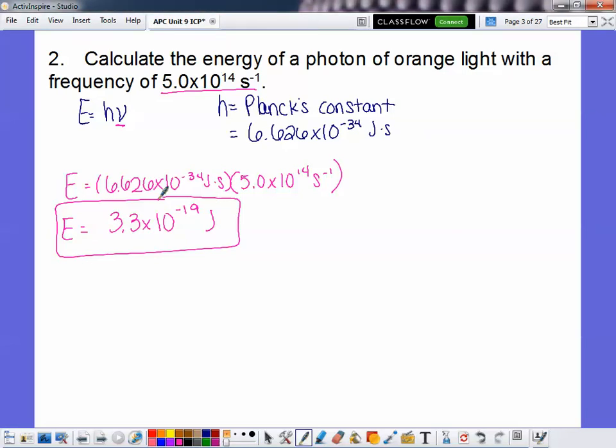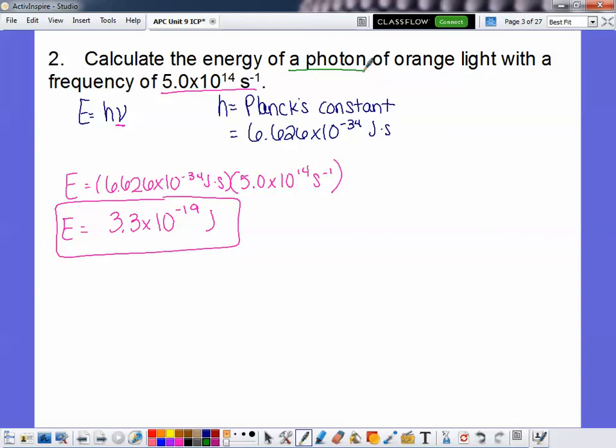Okay? Cool? So this one, number 2 and number 3 are related. Okay, if you've looked at number 3 already, you're going to see it's the same frequency. There's just one slight change. Number 2 is asking us about a single photon.